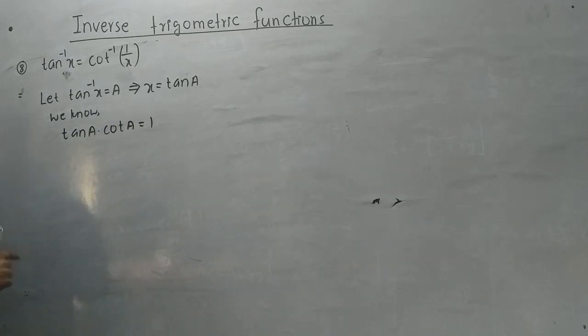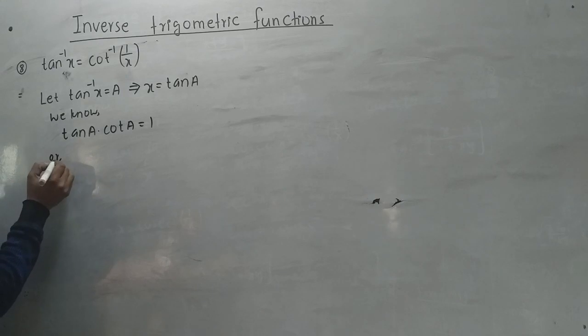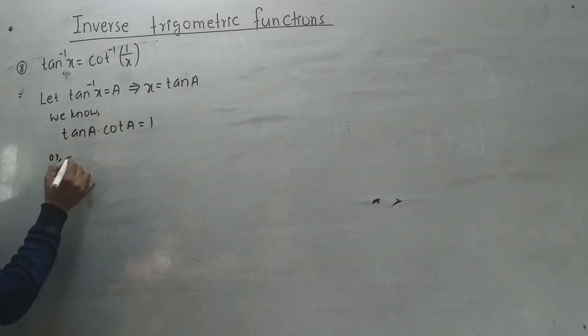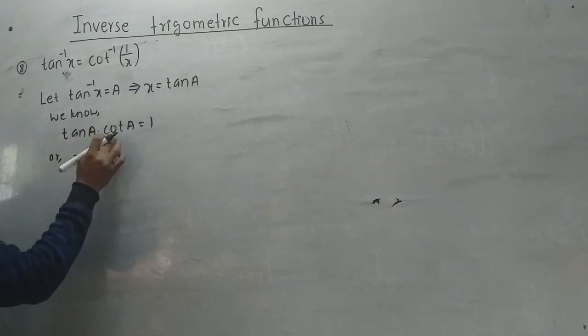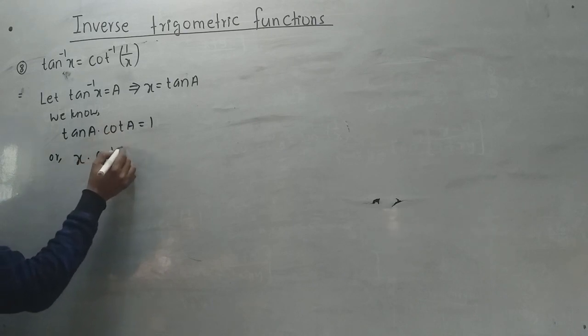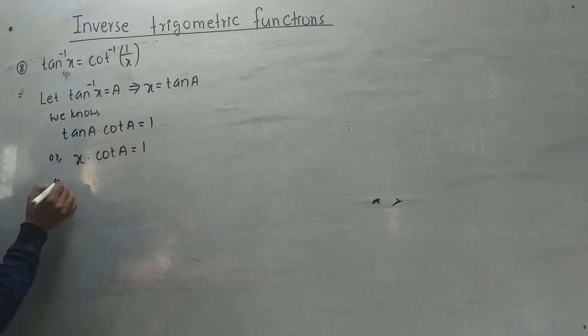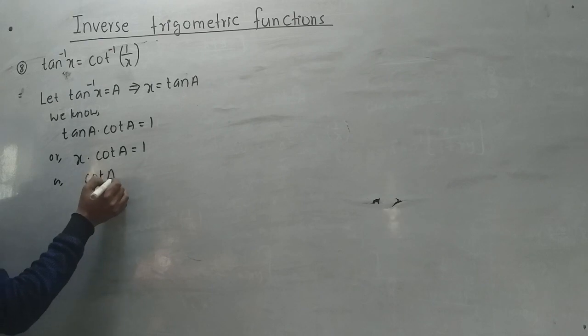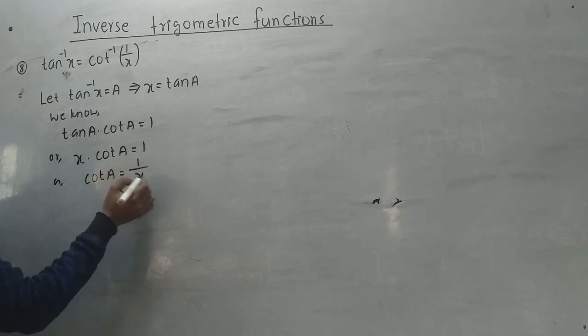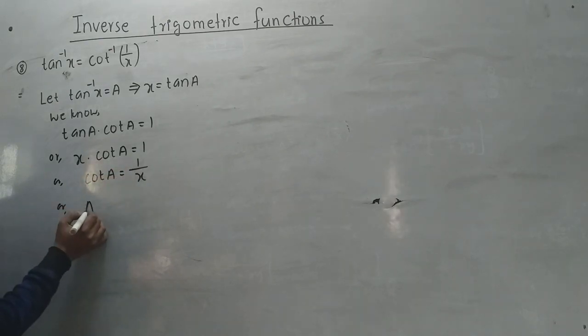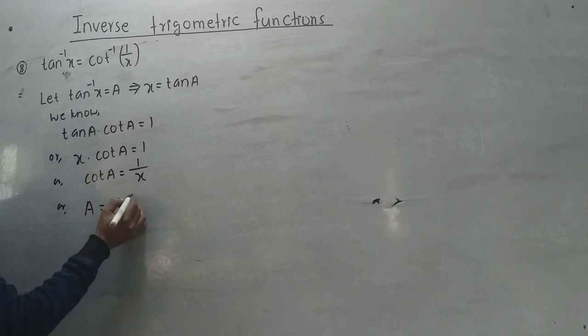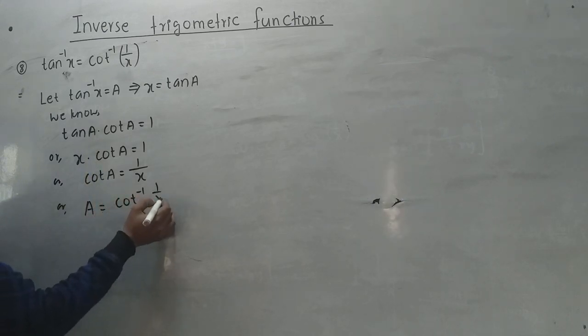So for this problem I will give you the next method also. For tan a you can replace that by x times cot a, you write the same, cot a equals 1, or cot a equals 1 by x, or a equals, cot to the next side, it will be cot inverse 1 by x.